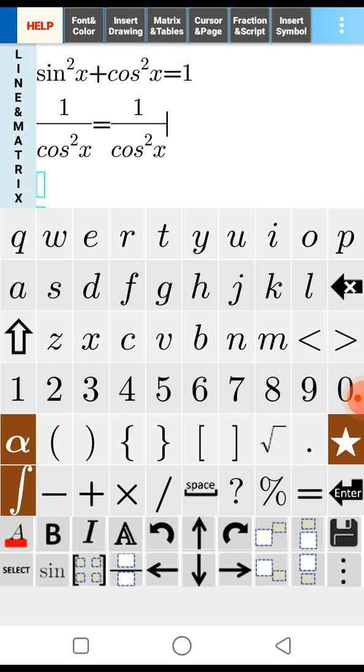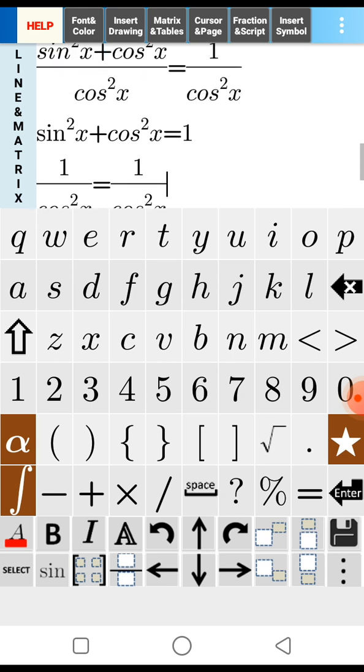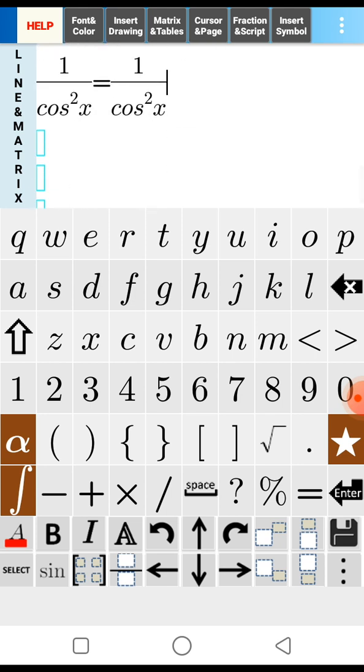Here our question has already been proved. This is the final answer, where 1 over cosine square x is equal to 1 over cosine square x.